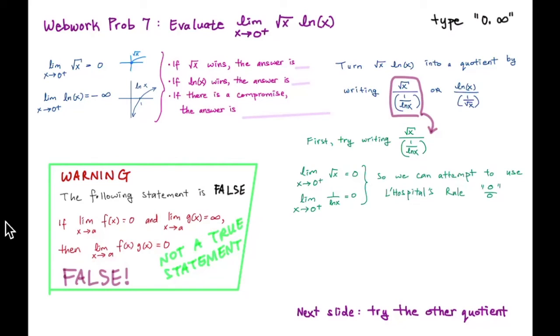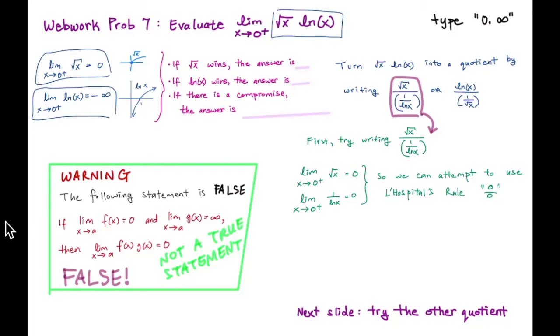Now let's look at what we have. So we have a product, and we're trying to compute its limit as x approaches 0 from the right. So first we compute the limit of each function separately. Square root of x goes to 0, and the natural log goes to negative infinity as x approaches 0 from the right.